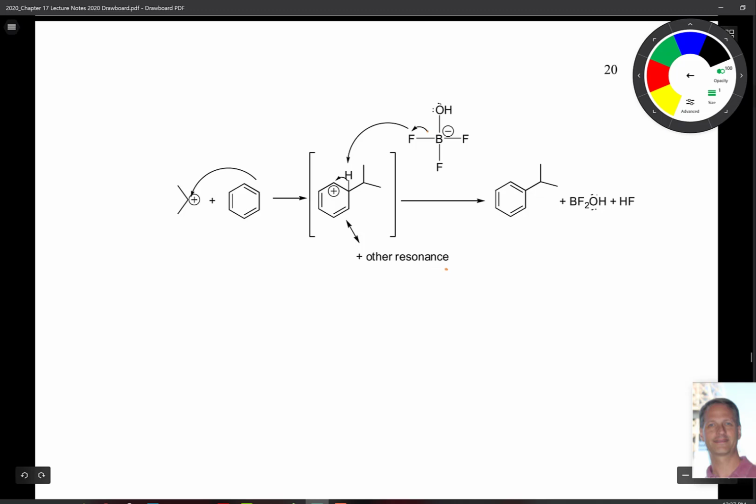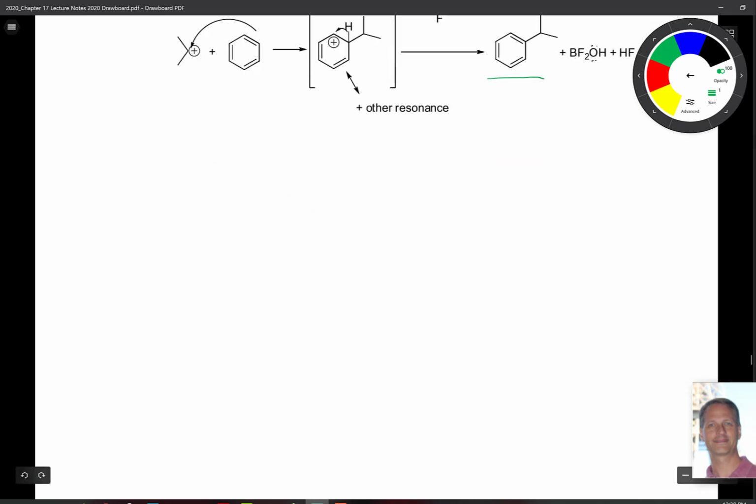And the last step would be fluorine essentially coming over in one swoop and grabbing a hold of that H. Sometimes textbooks show this like a ping pong. So that goes to fluoride, and then we come over here and grab it. So we could do the bouncy arrows, or we could just do a continuous line. I tend to do the continuous line. But that gives us BF2OH, and then your final product here, right?